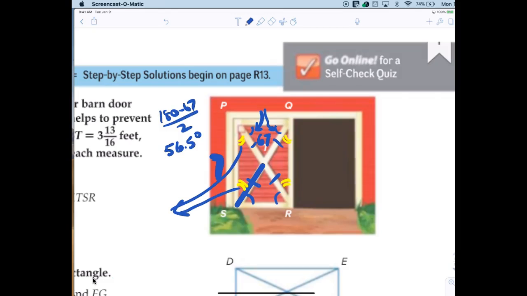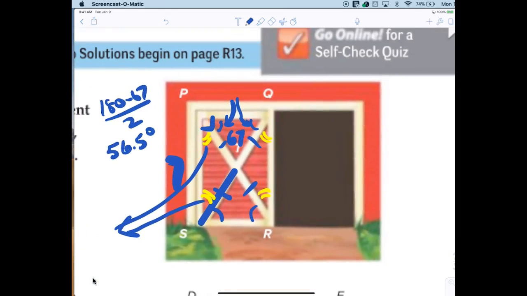But you see what I'm saying? These are right angles down here. So the absolute easy way, and I know what you were trying to do. You did 180 minus 67 to get this angle right here, and then we did 180 minus that again, which would take us back to 67, and then take 67 and divide it by 2.